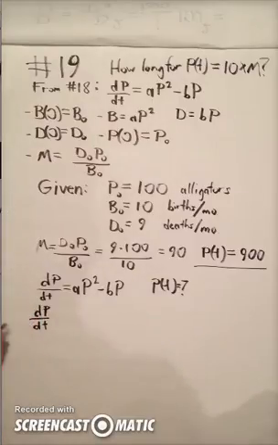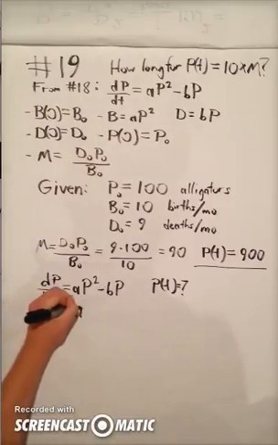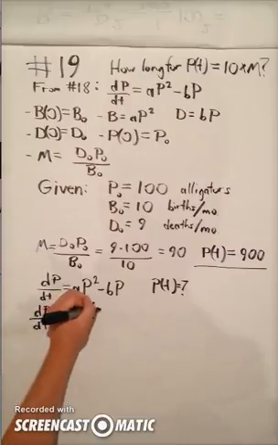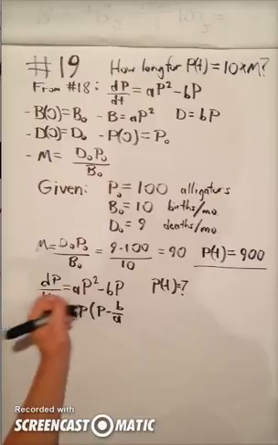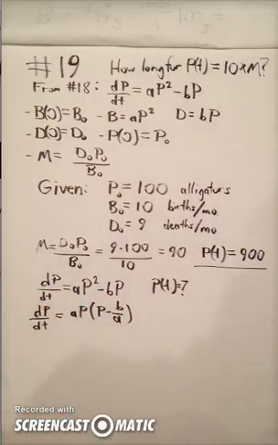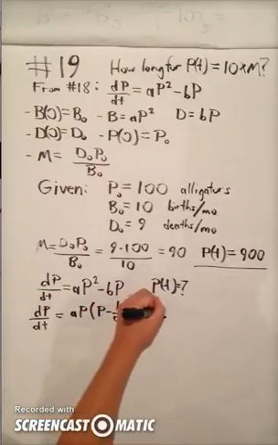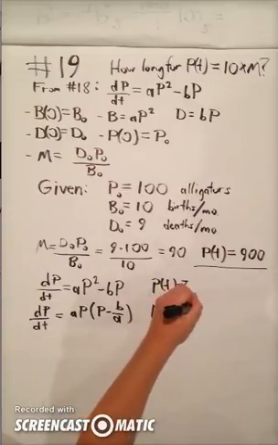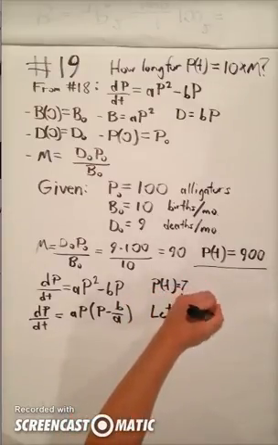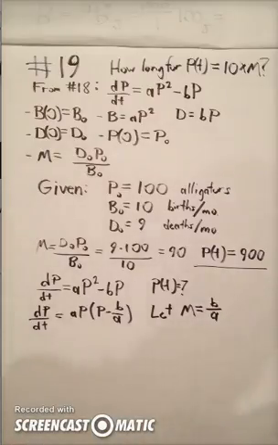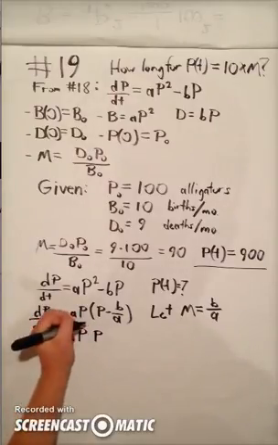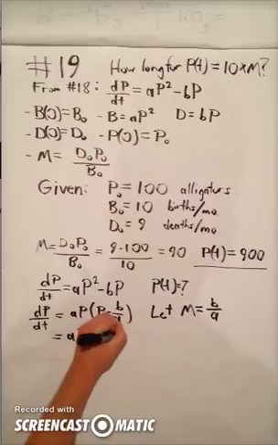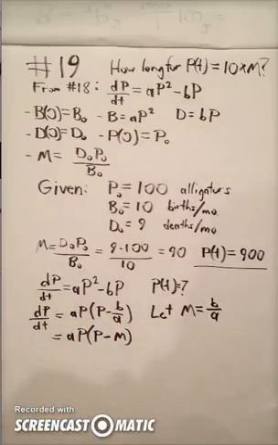This gives us dP/dt equals AP times (P minus b over a). This is b over a here, so let's let m equal b over a. Now we have P minus m in here.